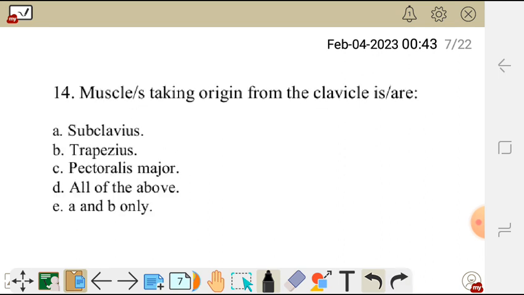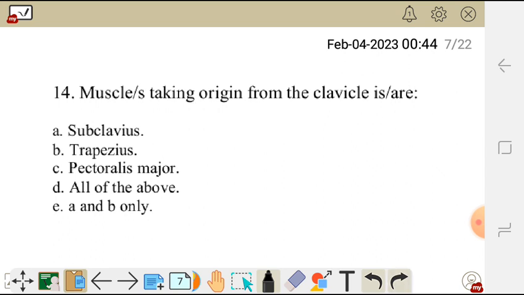Question 14. The muscle taking origin from the clavicle is A, subclavius, B, trapezius, C, pectoralis major, D, all of the above, and E, A and B only. So which muscle originates from the clavicle?